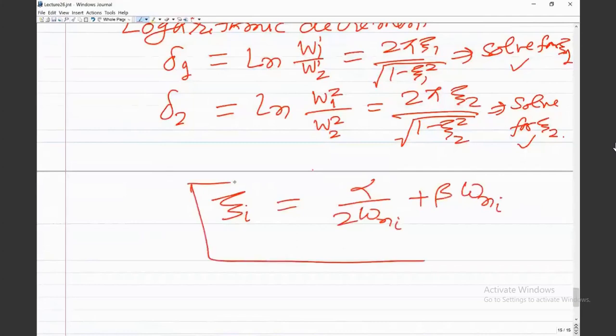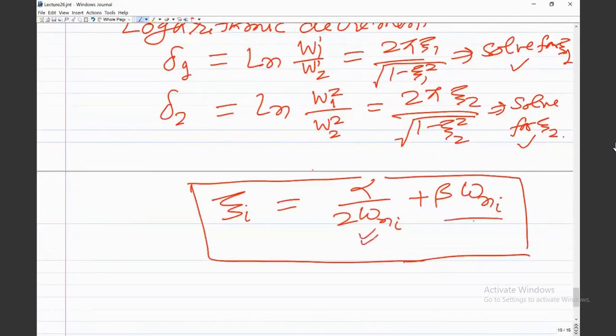For the damping factor of any other mode, the contribution of the first term would decrease with increasing frequency, but the second would increase. So this model also represents increasing damping factor with increasing frequency or mode number.